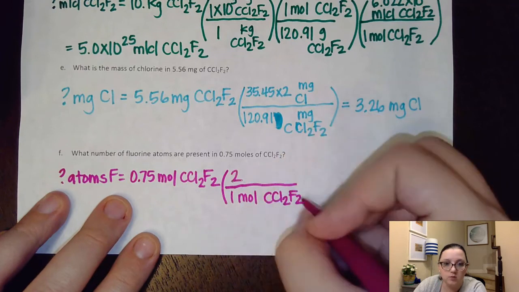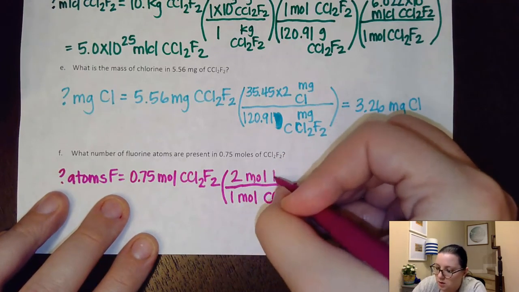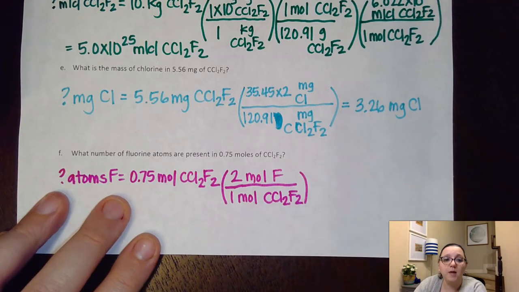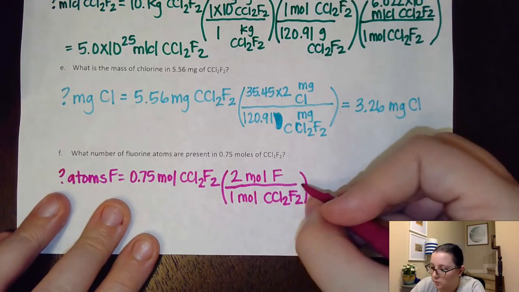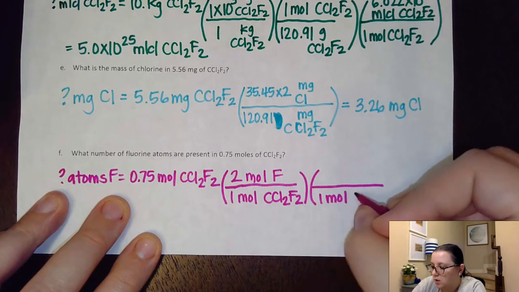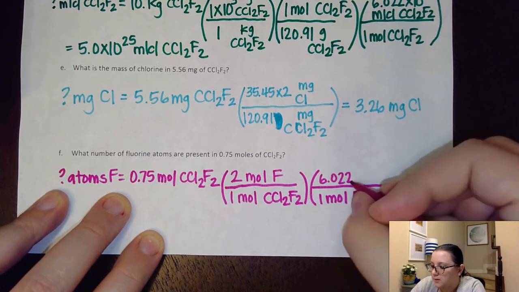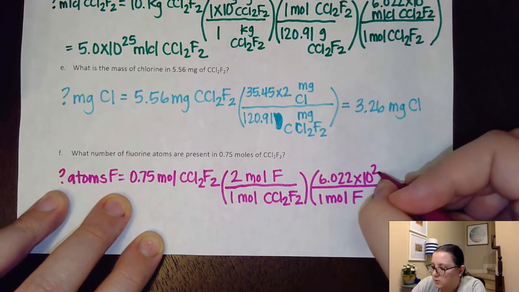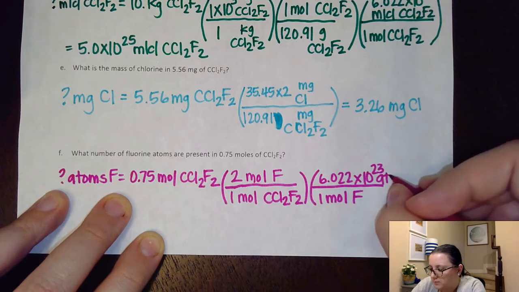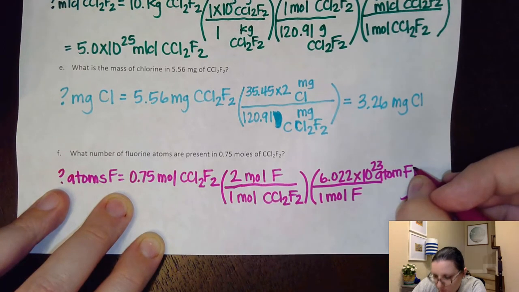If I decomposed that compound, I could create 2 moles of fluorine. So that got me to moles of fluorine. So then to get to atoms of fluorine, I would just simply do 1 mole of fluorine for every 6.022 times 10 to the 23rd atoms of fluorine.